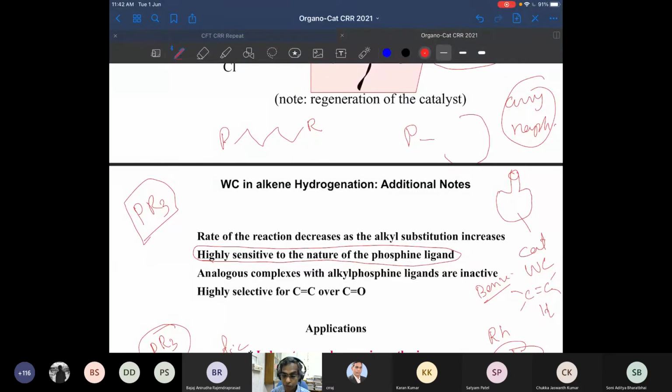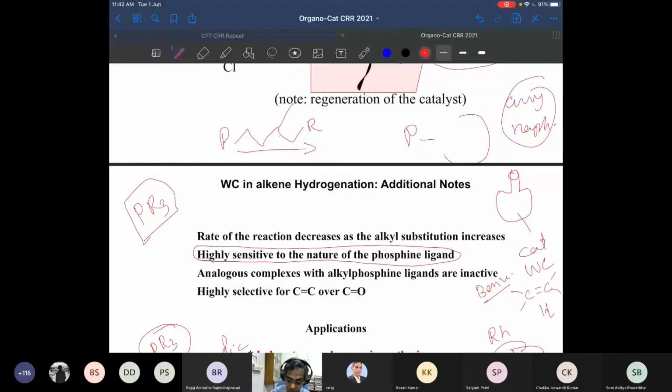I will show the ligand that is used for the synthesis of L-DOPA. Then you will be able to understand what I mean by the nature. As the chain length increases, your dissociation will not take place at all. The rate of the reaction is suppressed.